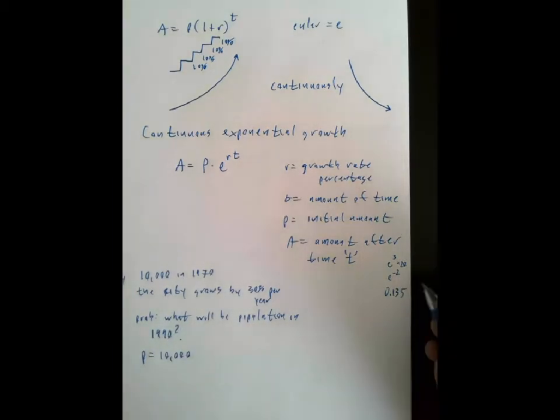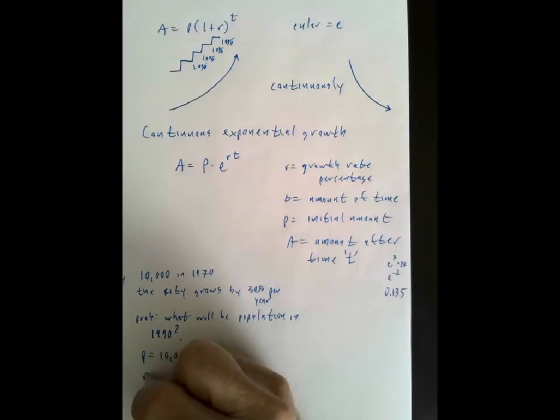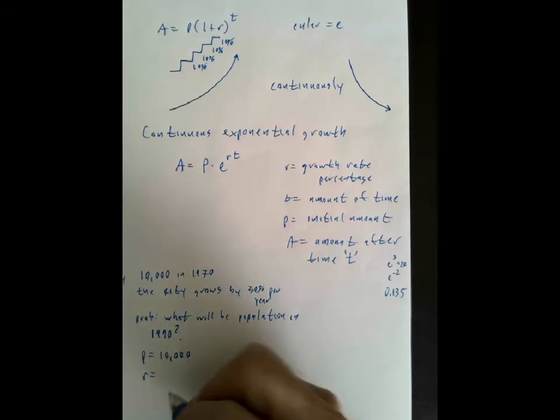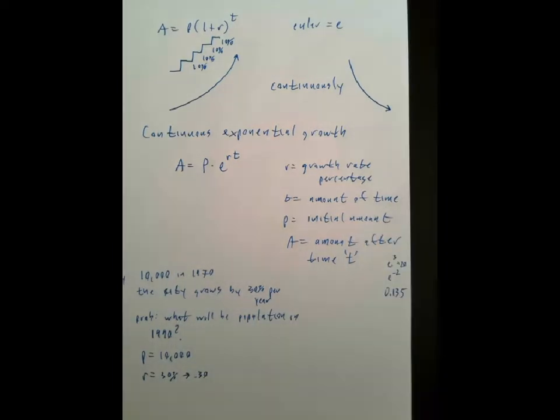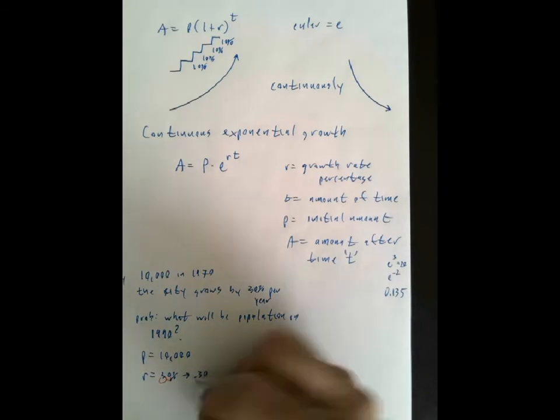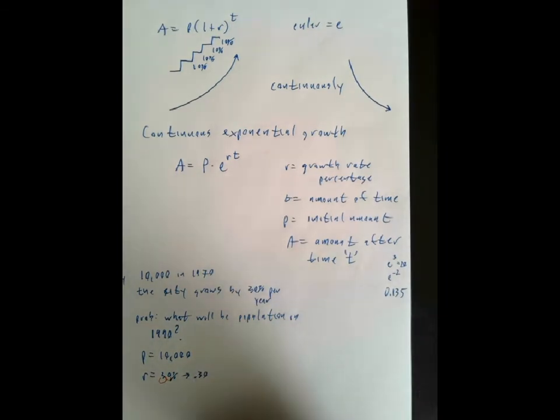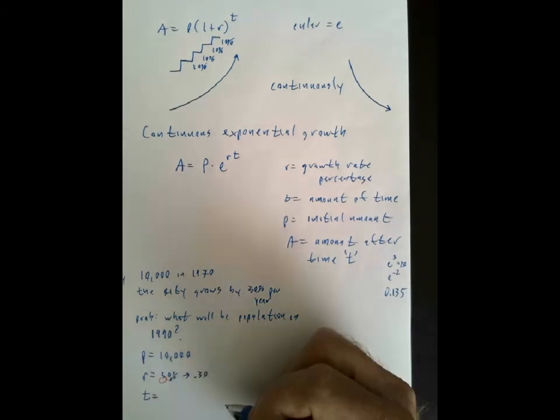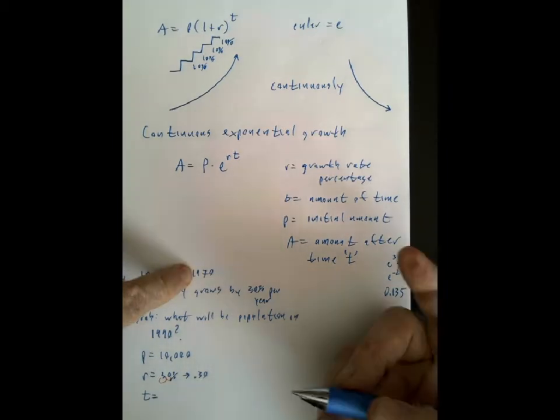All right. And R, and again, we're always going to use decimals. So this is 30%. That changes to 0.30 when we move the decimal point, remember, 2 places to put it in its decimal form. Now T, what would T be? Well, we could use the year numbers, right?